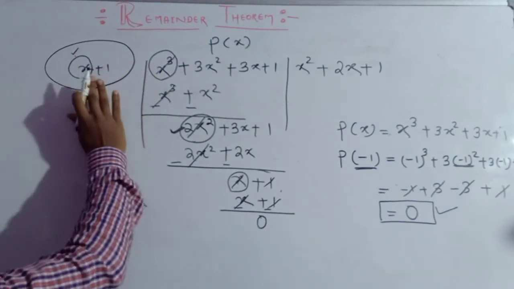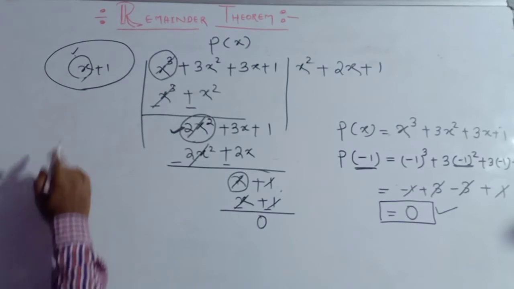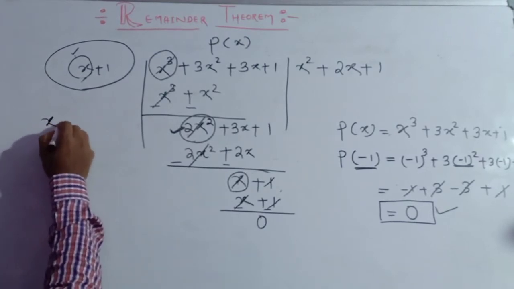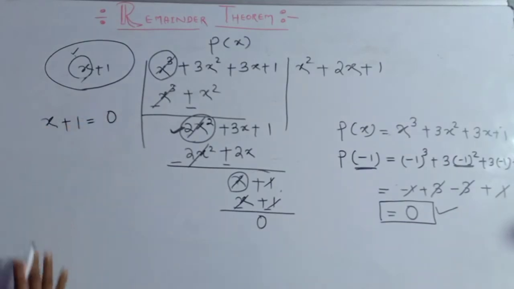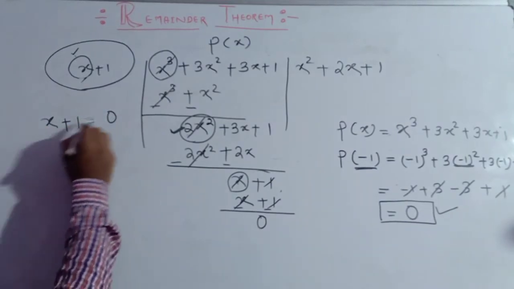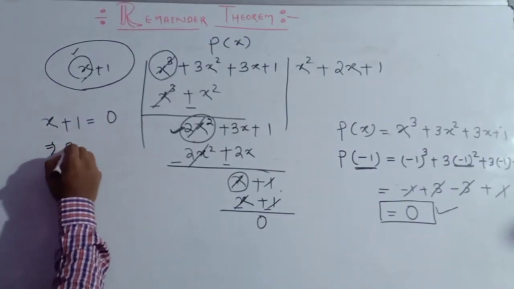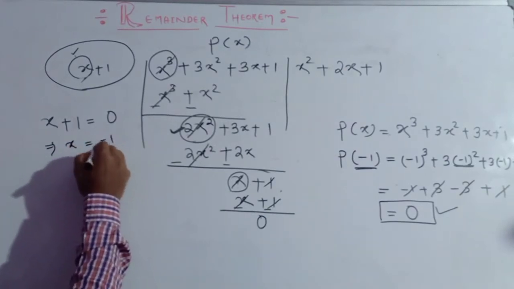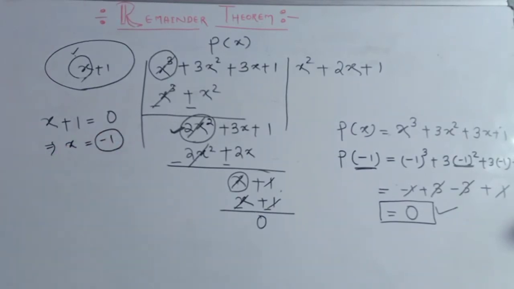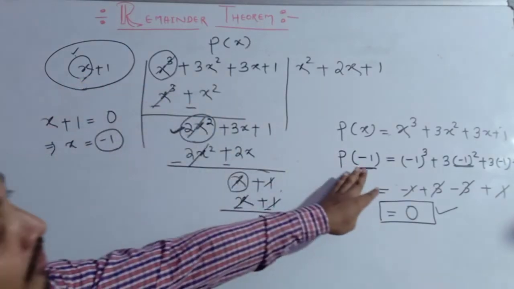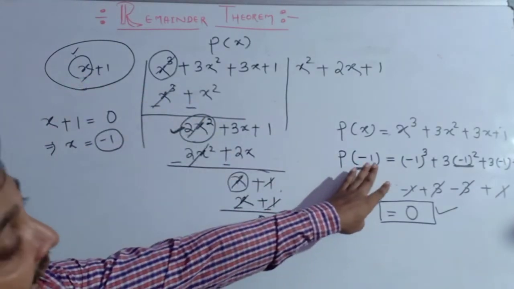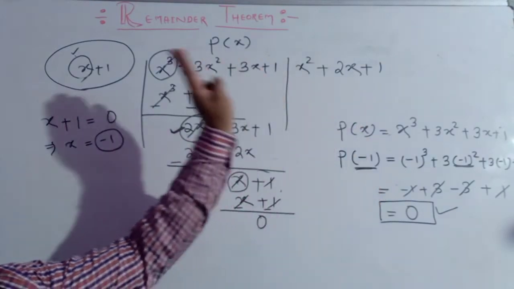Whatever divisor is given, you always have to find the zero of the divisor. You can find the zero of the divisor by equating it to 0, and on equating to 0, it becomes x equal to minus 1. So minus 1 becomes the zero of the divisor, and you have to find the value of the polynomial at the zero of the divisor.